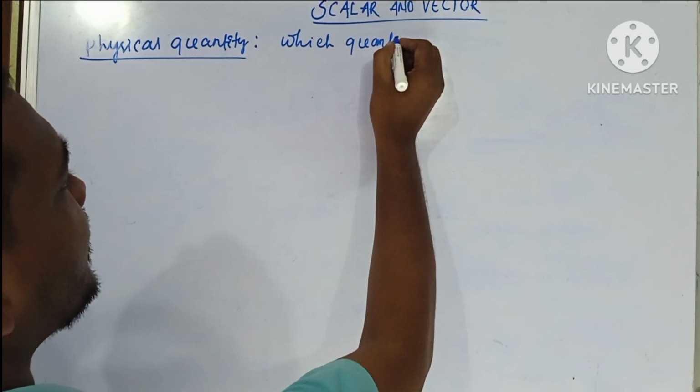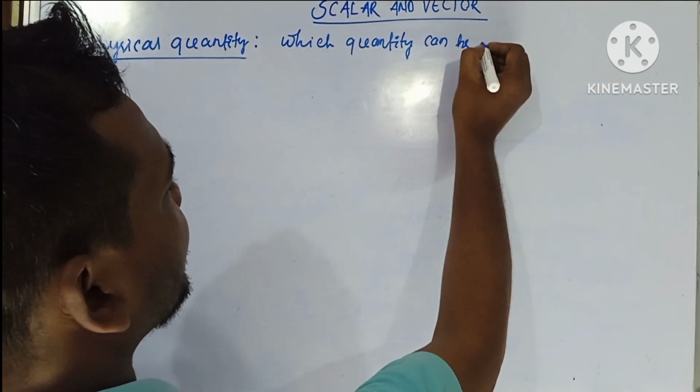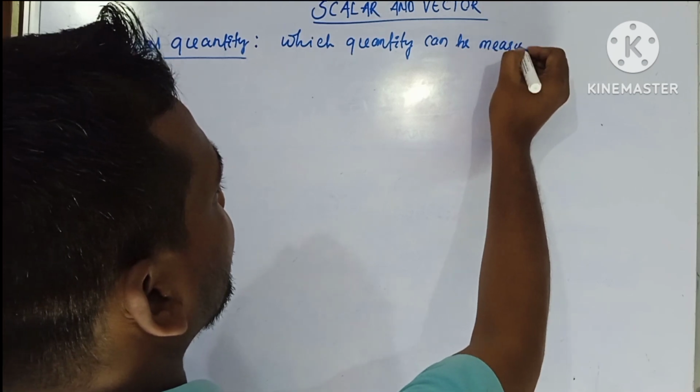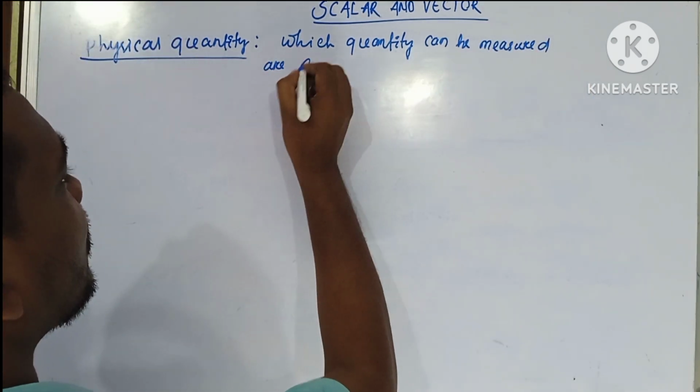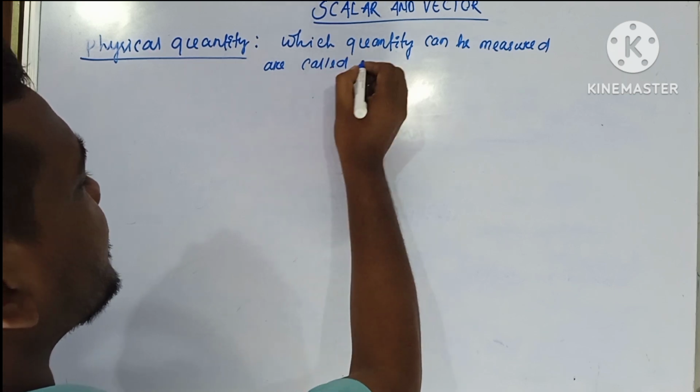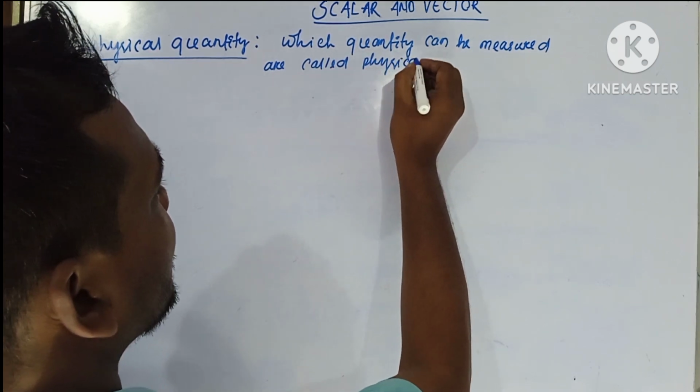Whatever can be measured is called a physical quantity.